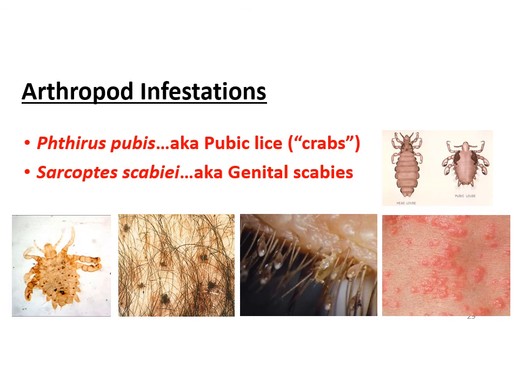And what's interesting about these is they like hair regions and skin, and they don't care where it is. So you can get a sexually transmitted infection of pubic lice or genital scabies, these little parasites, and they can go elsewhere on your body.